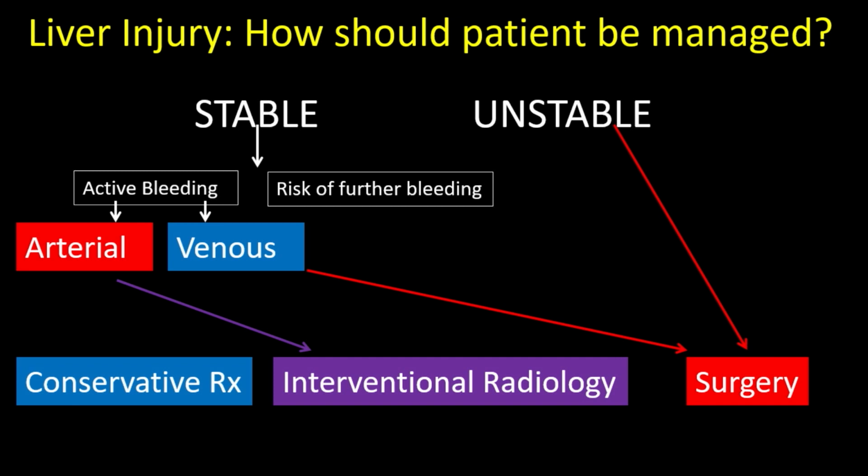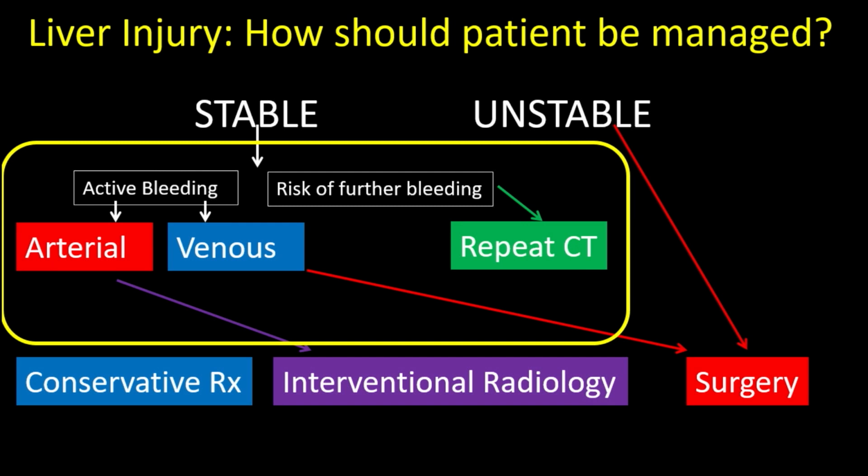The other area where we can really help as radiologists is being aware that people are at risk of developing future bleeding or ongoing bleeding. We need to be alert with the clinicians and say, look, hang on a second, this patient needs to come back for another CT, and we need to tell the clinicians what the time frame is for when they need to come back. So it's everything in this yellow box that we as radiologists can make a difference.